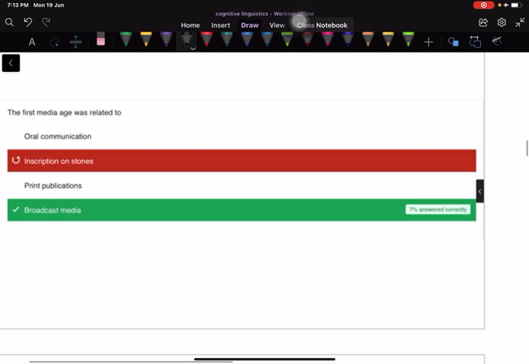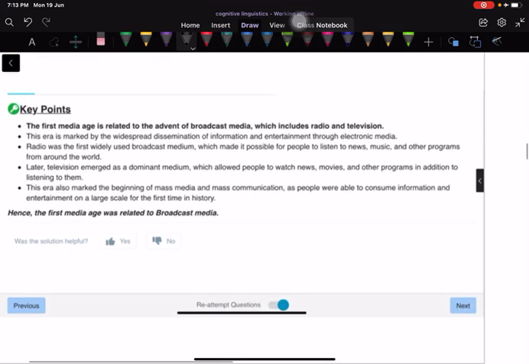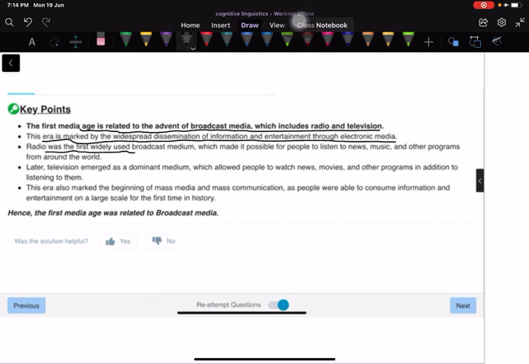Now, the first media age was related to broadcast media. The first media age is related to the advent of broadcast media, which includes radio and television. This era was marked by the widespread dissemination of information and entertainment through electronic media. Radio was the first widely used broadcast medium, which made it possible for people to listen to news, music, and other programs from around the world.